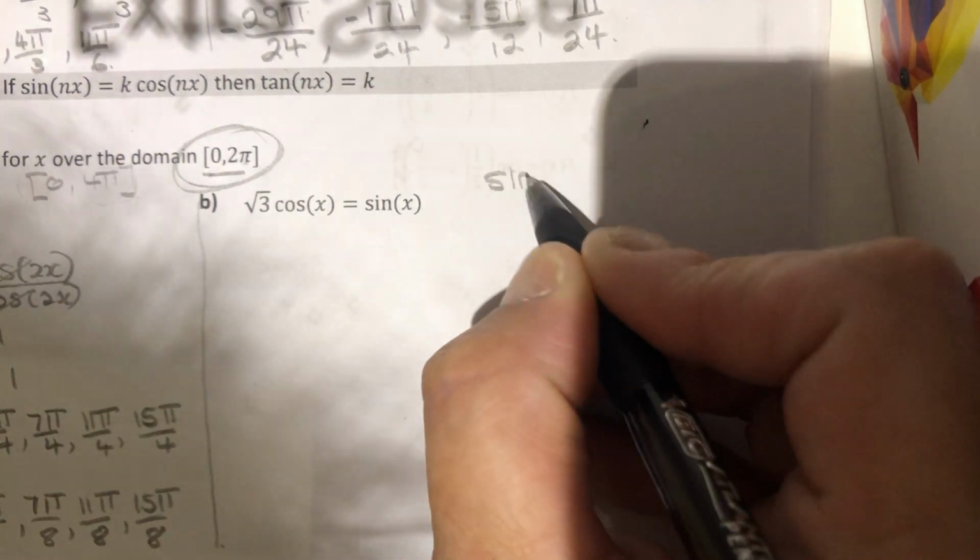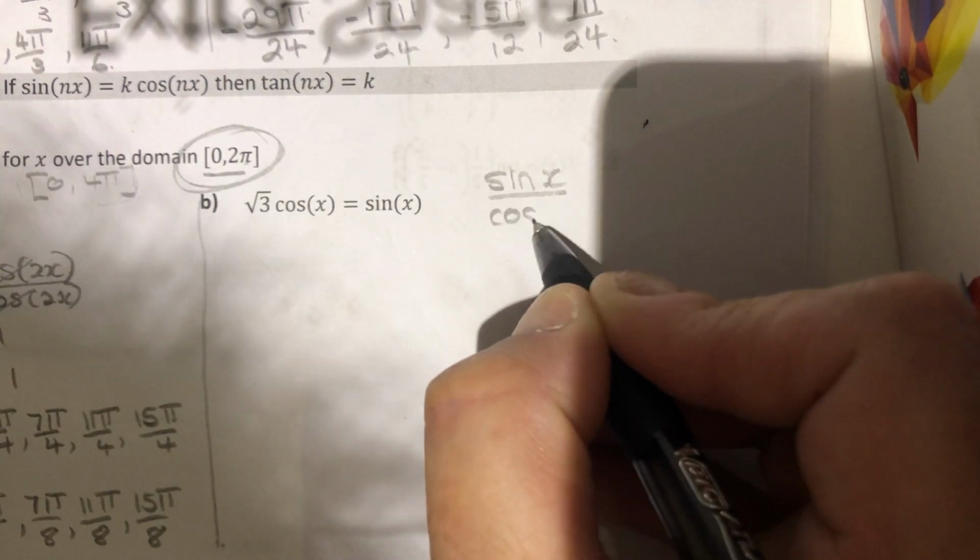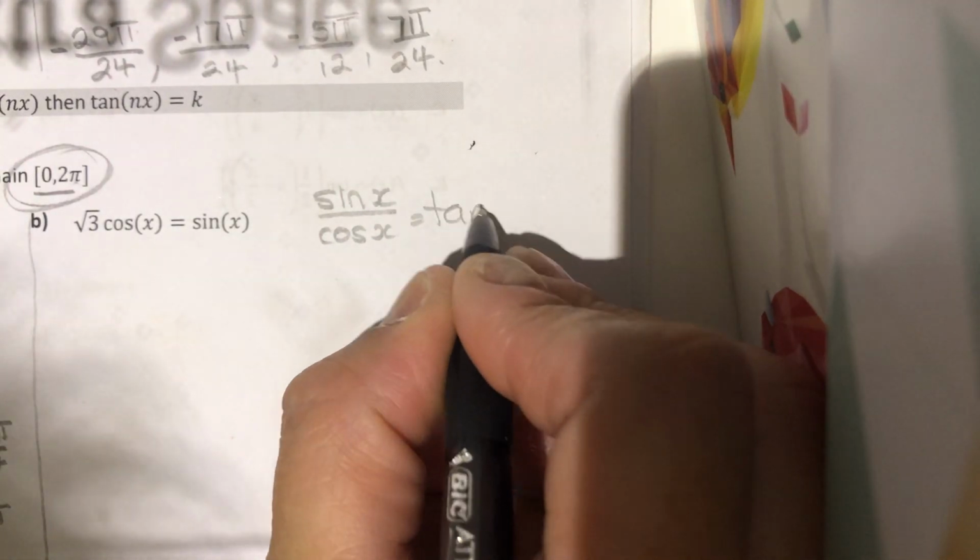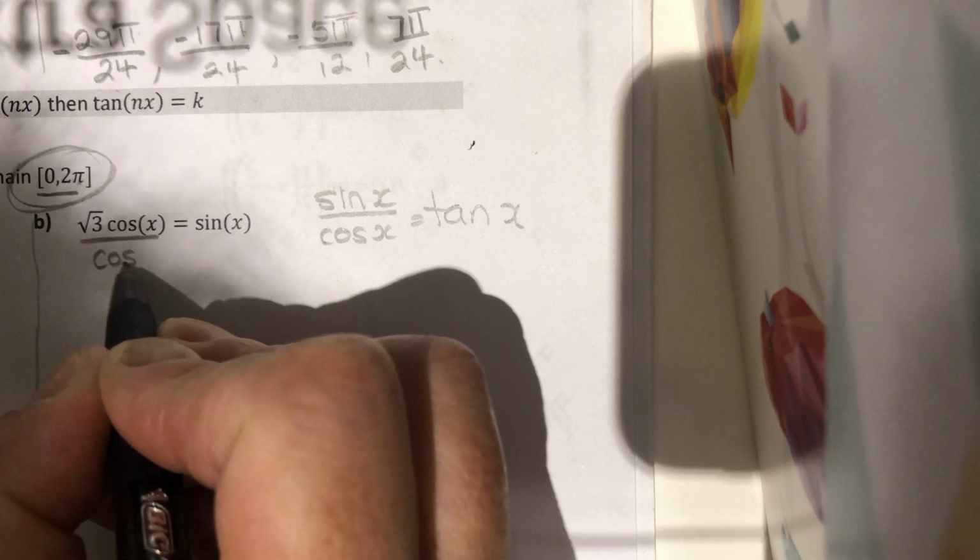Excellent. All right, so we're going to use the information about sine x over cos x is equal to tan x once more. All right, so we are this one. Think about what you can do.